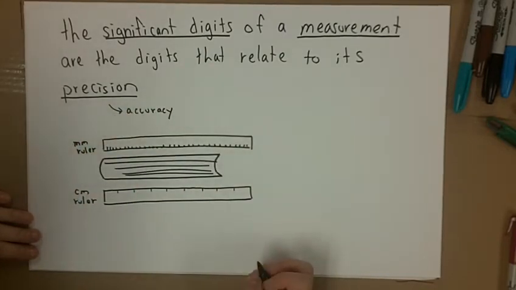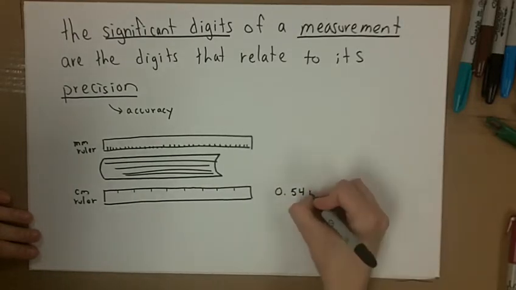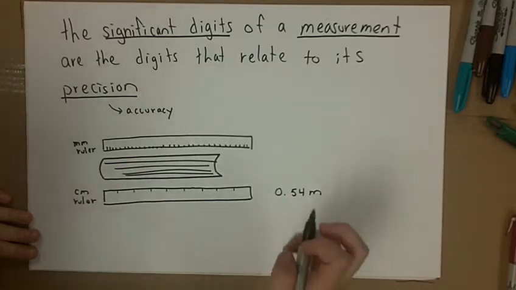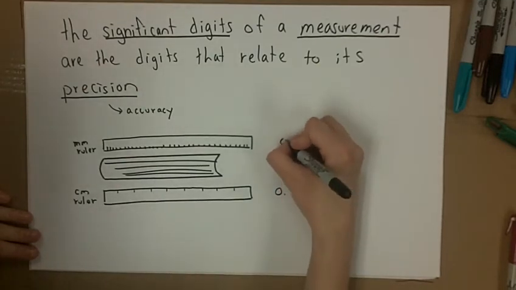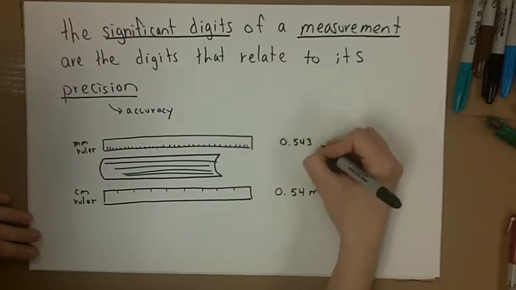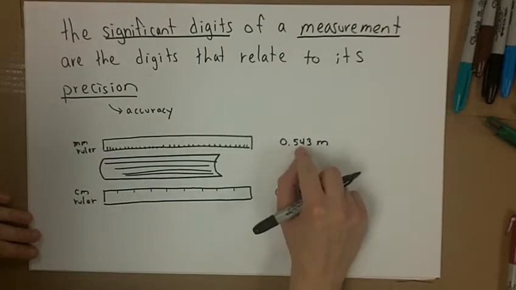With the centimeter ruler, I probably could have only gotten a number with 2 decimal places. I could have found out the book was 0.54 meters, for example. With the millimeter ruler, I could have found out a little bit further into the millimeter position. So instead of finding only 2 decimal places, I could have found 3.